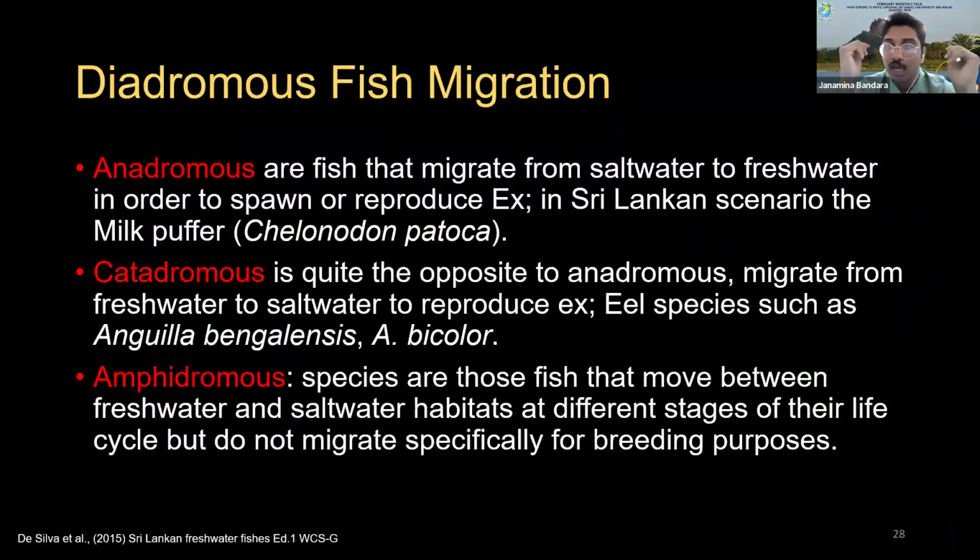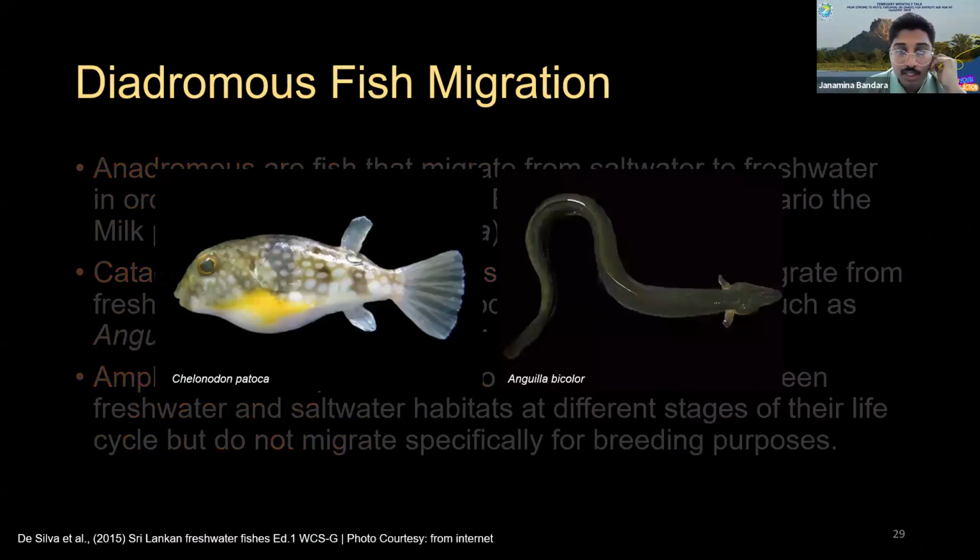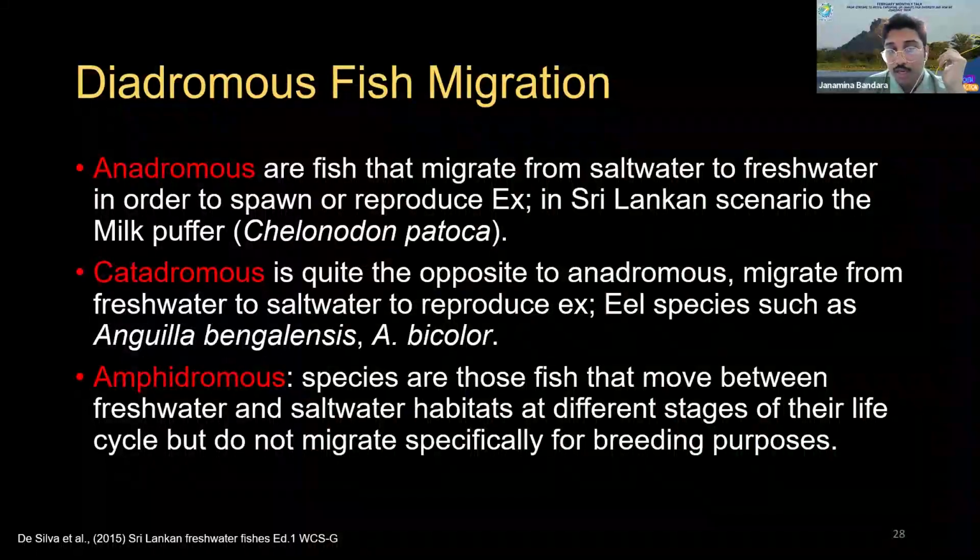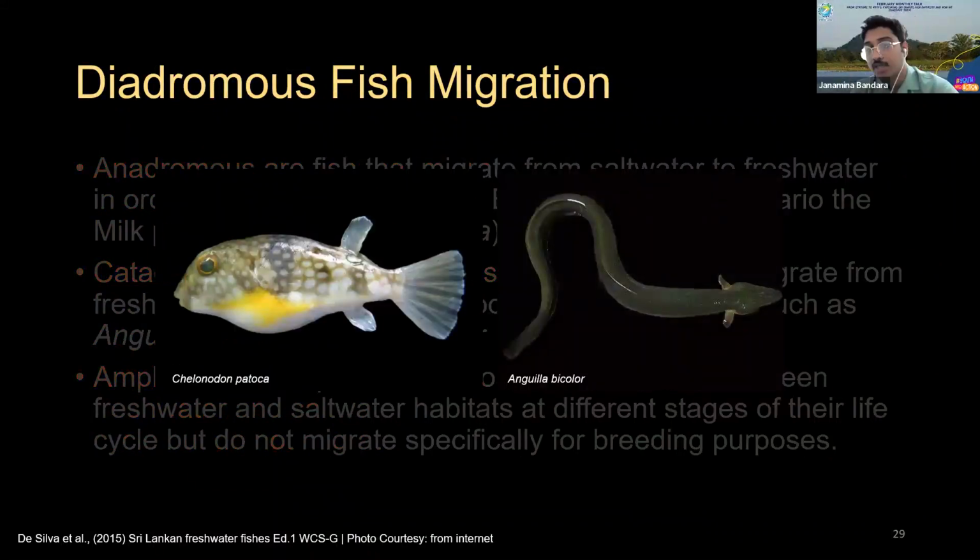So this is a really interesting group, the eels, that I am currently developing a project on. These sorts of migrations are happening. Another certain group is called amphidromous, which is the species that move between saltwater habitats and freshwater habitats, but not just for breeding, but for food availability, or no certain reason.